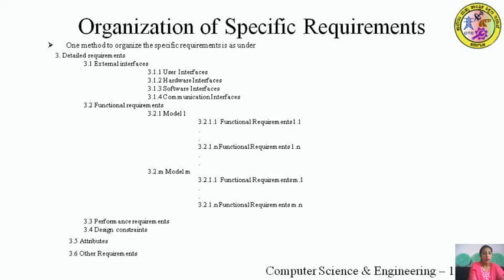One method to organize the specific requirements is as shown here. At first, external interfaces are specified, followed by functional requirements, performance requirements, design constraints, system attributes and other requirements section if any.